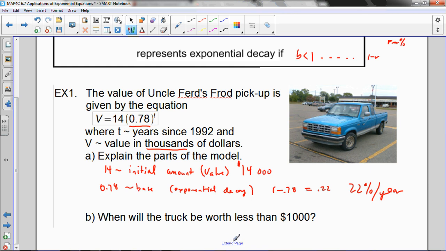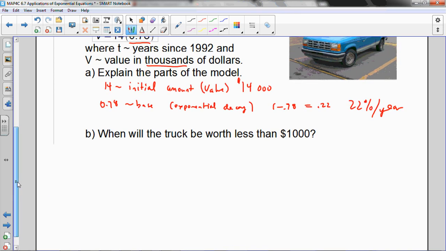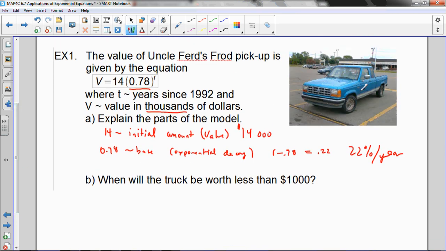When will the truck be worth less than $1,000? Well, it's hard to believe that that truck will ever be worth less than $1,000. But how do we solve this if it just follows this model? Notice that this is the output, right? This is V equals 1,000. Now notice that V is the value in 1,000s. So what's the value of V here actually? It's when V is 1, right?